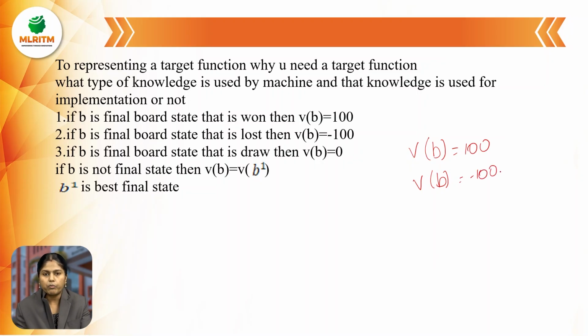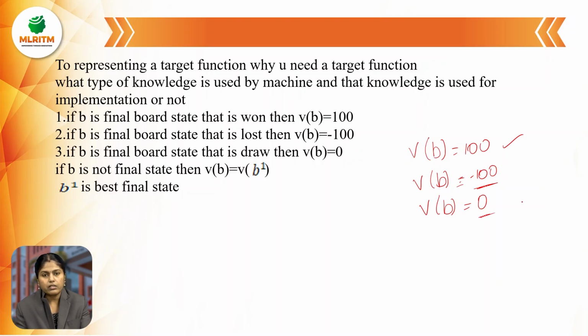If B is the final board state and we draw that game, then we get V of B equal to 0. Okay, these are the 3 cases that we can follow in the implementation of the system. If we win, V of B is 100; if we lose, we get the minus value; if we draw, we get the 0 value.